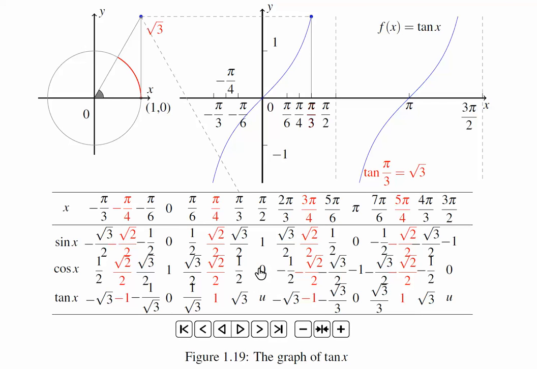Cosine pi over 2 is 0. It's because this point is 0, 1. Then 1 over 0, 0 cannot be on denominator. So that you then get tangent is not defined when x is pi over 2.